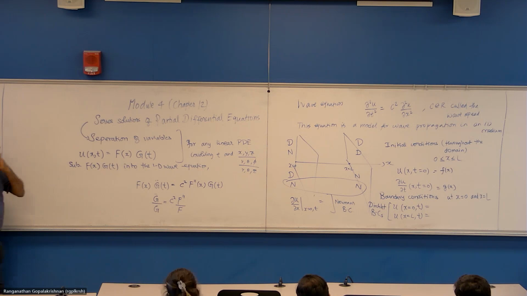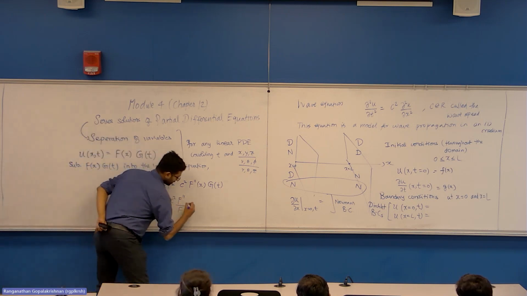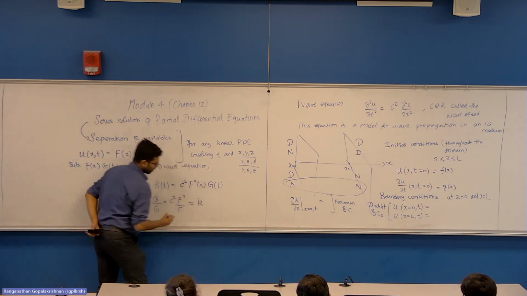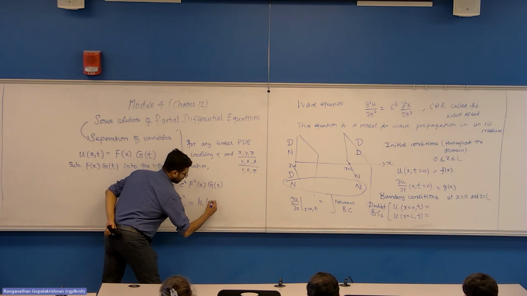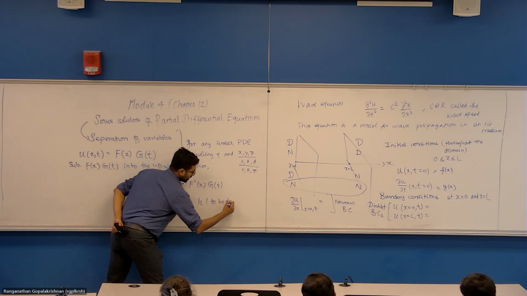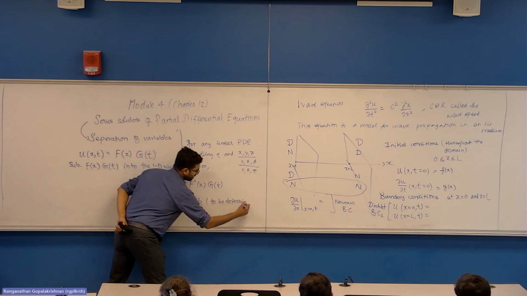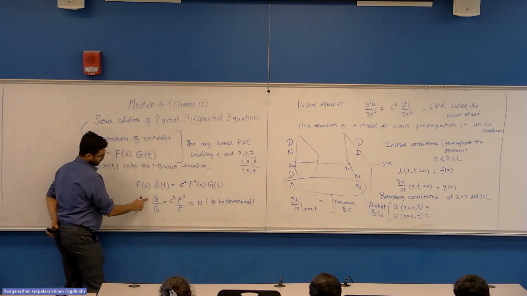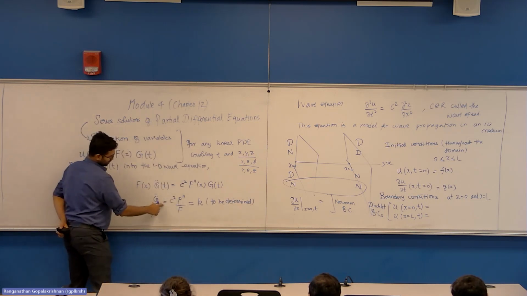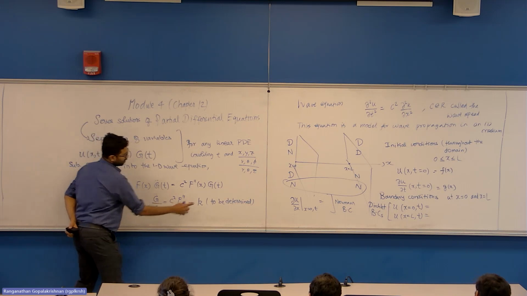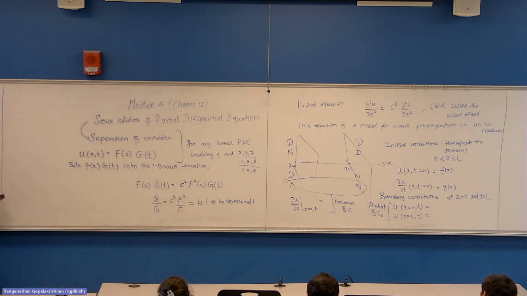Okay. So we'll say this is equal to some constant k, and the value of k is to be determined. We'll just say this ratio of g double dot over g is equal to c squared times f double dash over f is equal to some constant k, which we don't know yet.